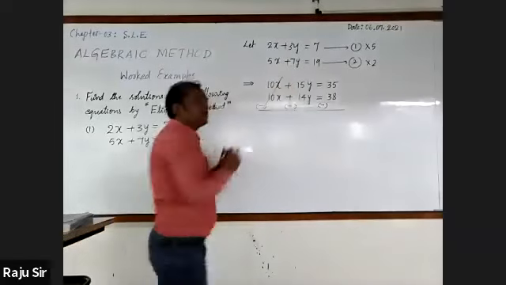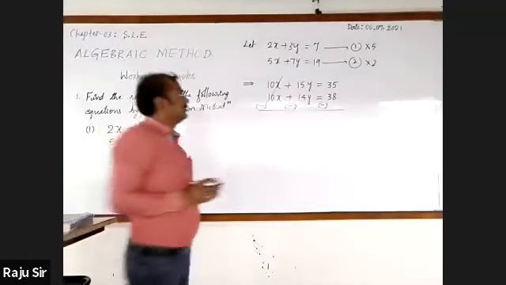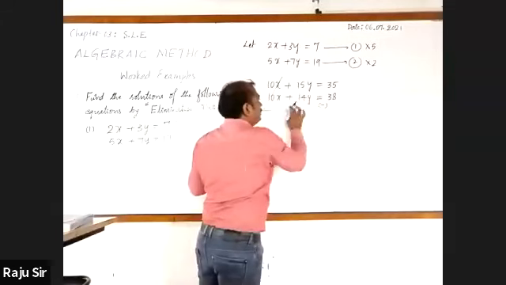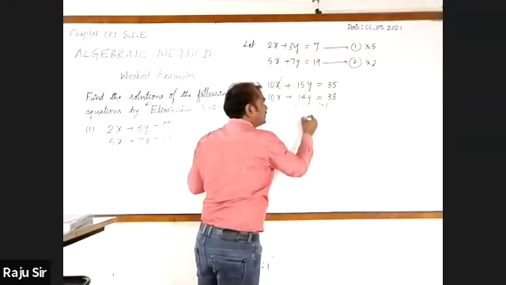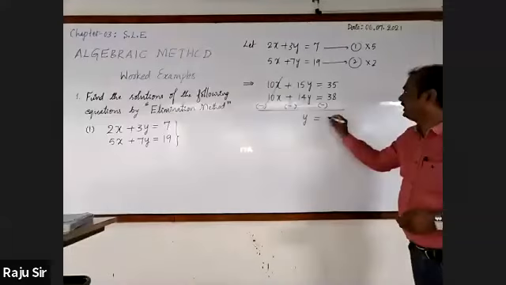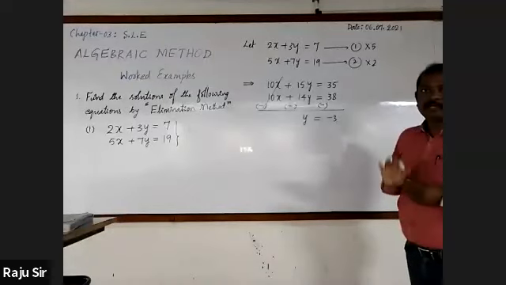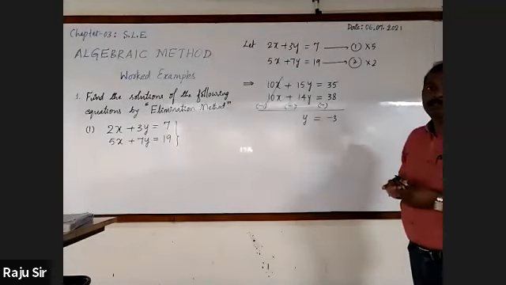Now, 10x minus 10x get cancelled. Now, 15y minus 14y, this is 1y. y. 35 minus 38, this will be minus 3. So we got y value as minus 3. Did you understand? Yes, sir.